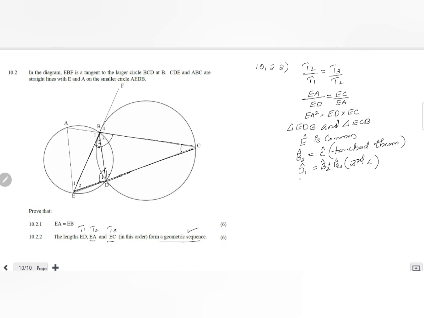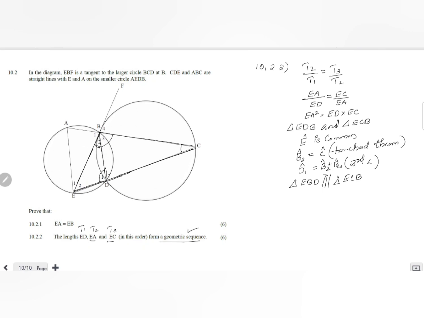Okay, so this order is very important. So you have to name it triangle EBD, which is not equal, I mean it is similar to triangle ECB.